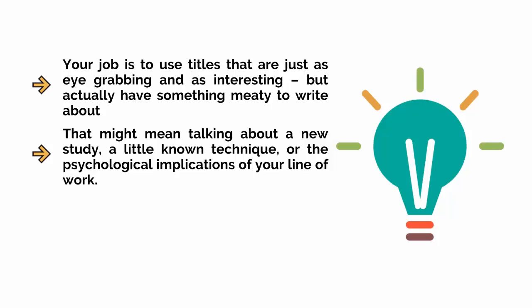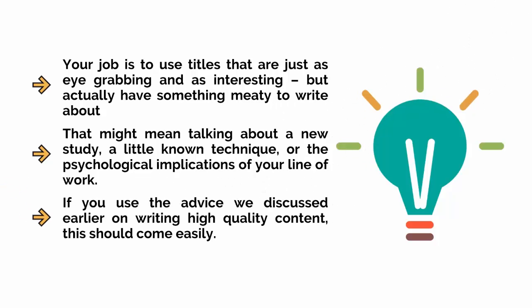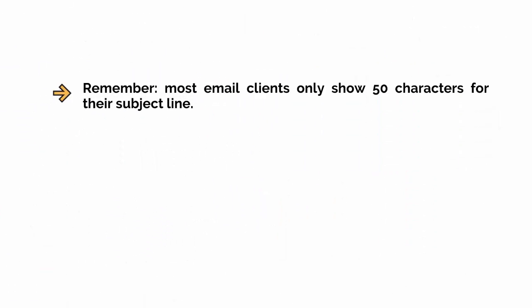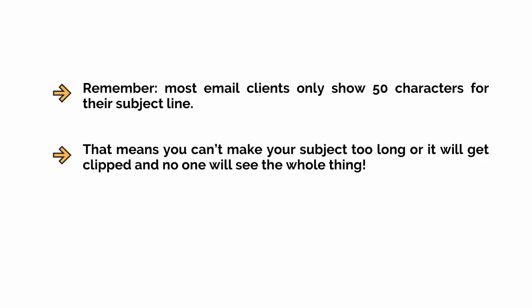That might mean talking about a new study, a little-known technique, or the psychological implications of your line of work. If you use the advice we discussed earlier on in writing high-quality content, then this should come easily. At the same time, though, remember that most email clients only show 50 characters for their subject line. That means you can't make your subject too long, or it will get clipped and no one will see the whole thing.